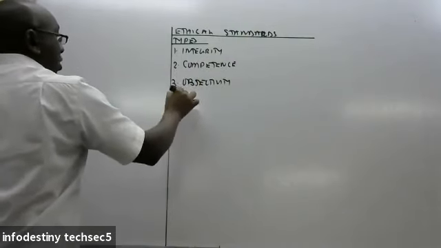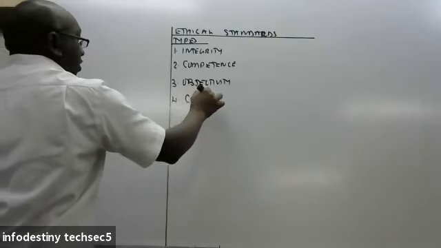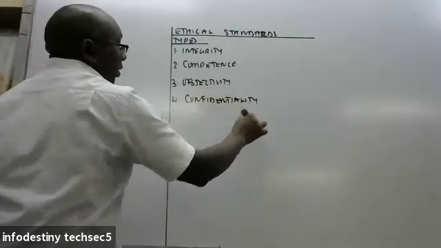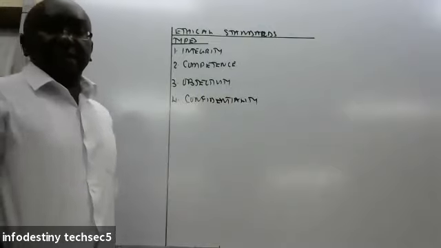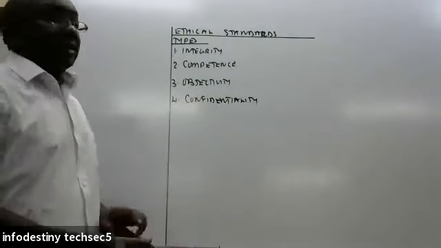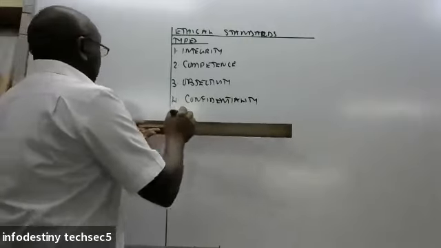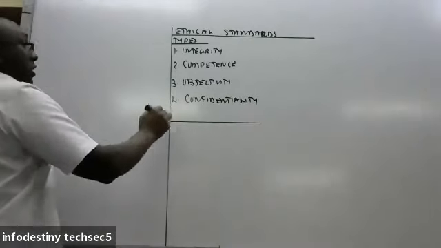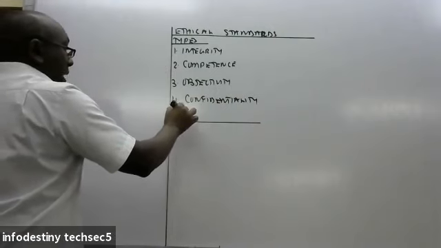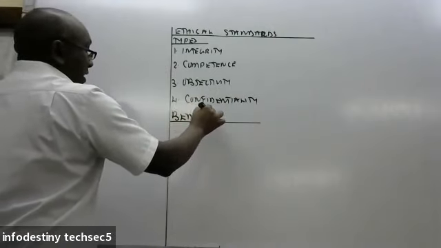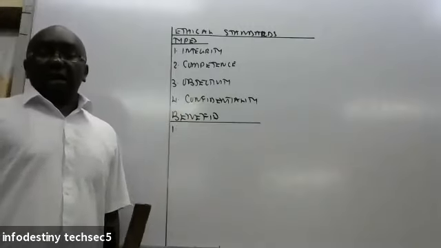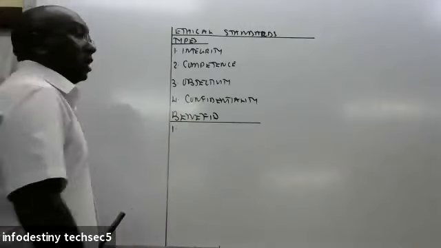And number 4, we call it confidentiality. Those are the 4 ethical standards that when you are practicing accounting, you should be able to uphold. So that was not the question. The question was about the benefits.